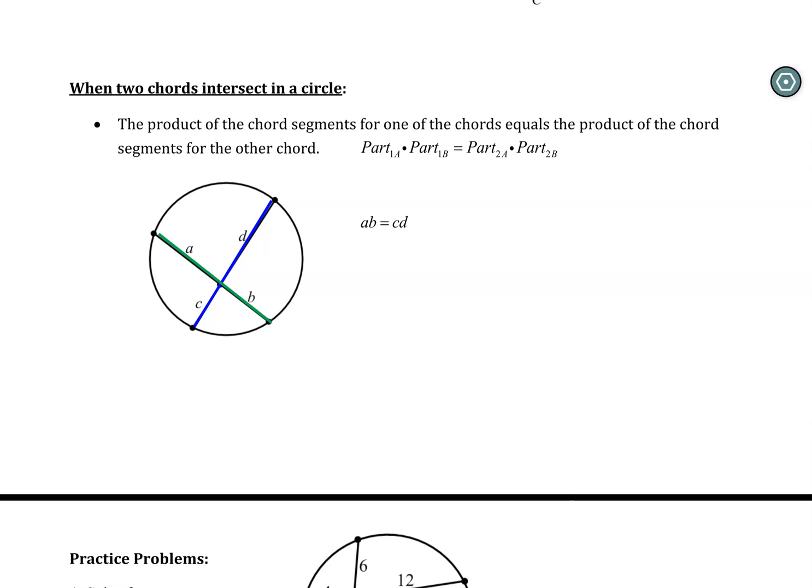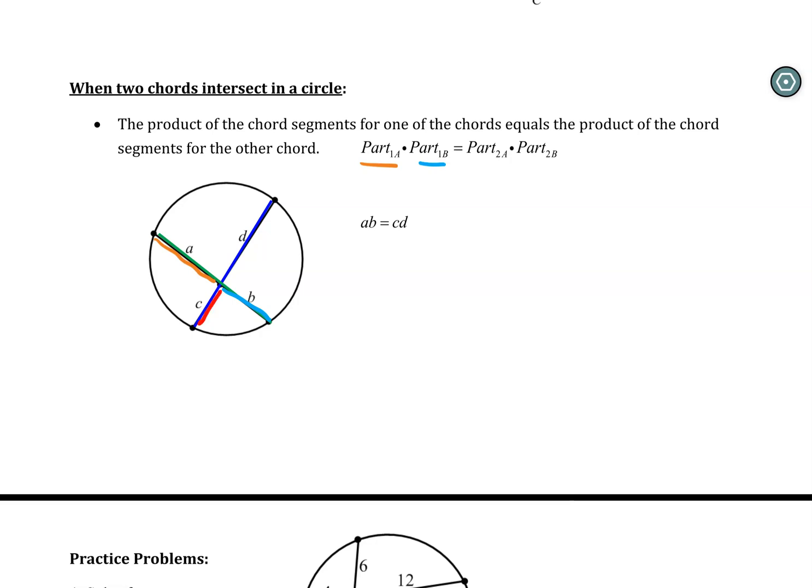So if I consider the green one to be the first line segment, part A, we'll call it, this part A times the second part of that one, which we'll call part B. So the product of those two parts, A times B, will be equal to the second segment.